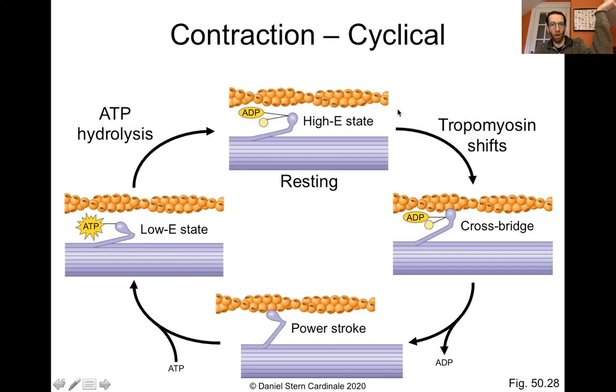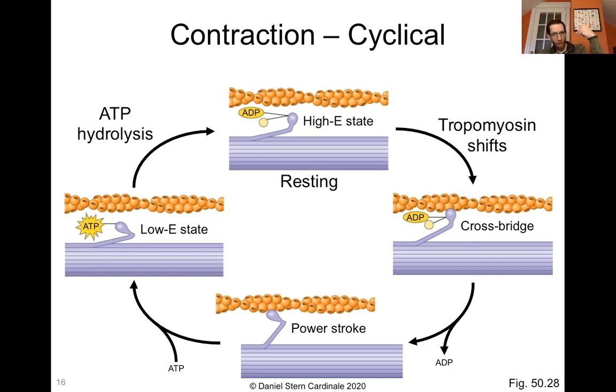So in this way, you're going to have a cycle of very short changes in the location of the actin relative to the myosin. So each time it shifts it a little bit. And over thousands of these cycles, you're going to shorten that sarcomere, and that's how a muscle contraction works.